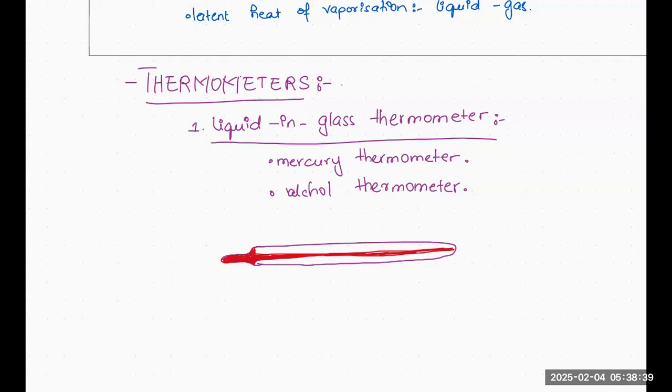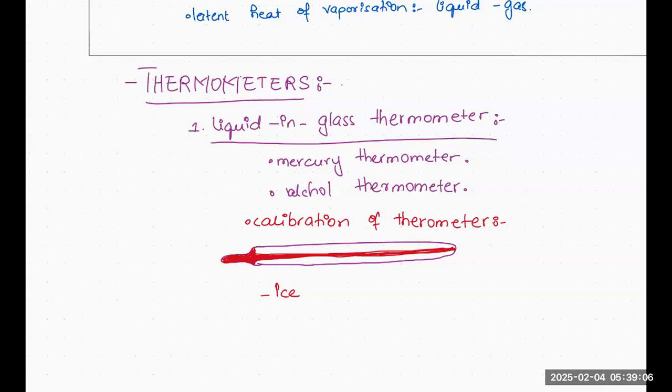When you are talking about calibration of a thermometer, we can do it with the help of water. For example, if you place the thermometer in ice, you can record the expansion.